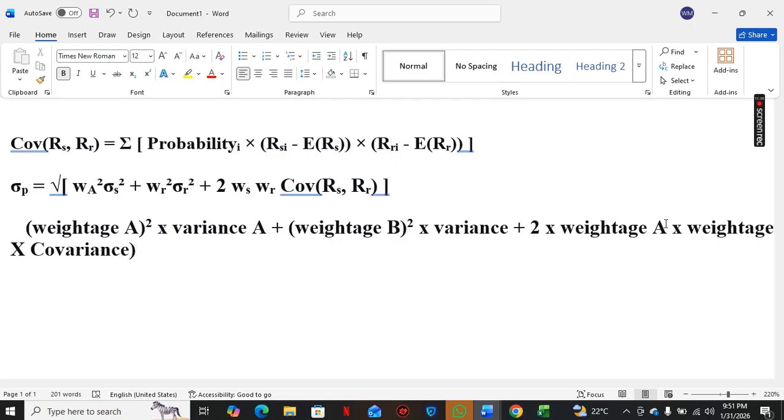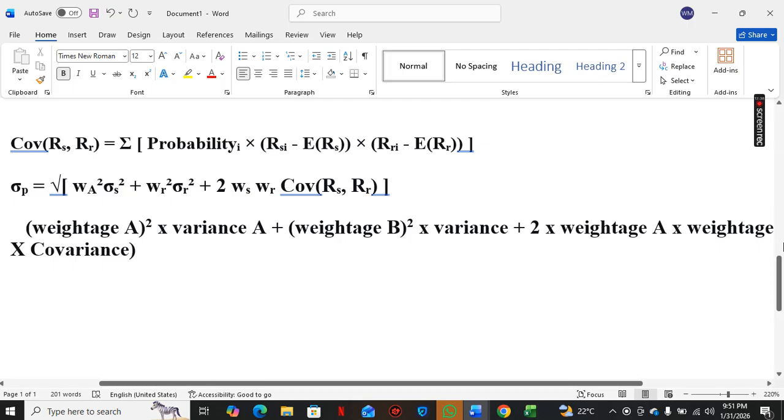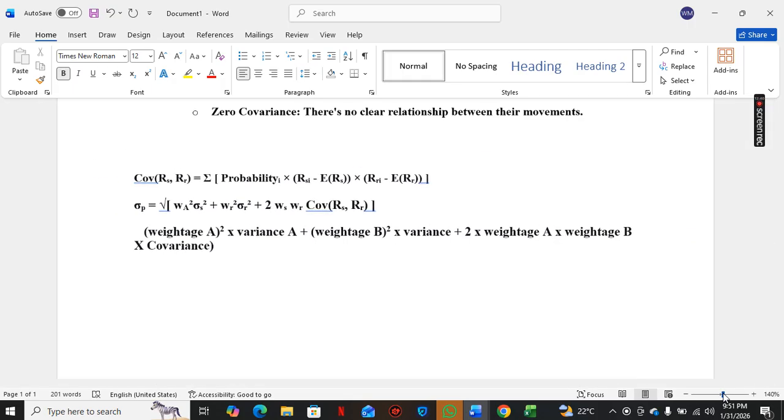Okay colleagues, in simple English, this is what we're going to get, the risk or standard deviation of the portfolio.